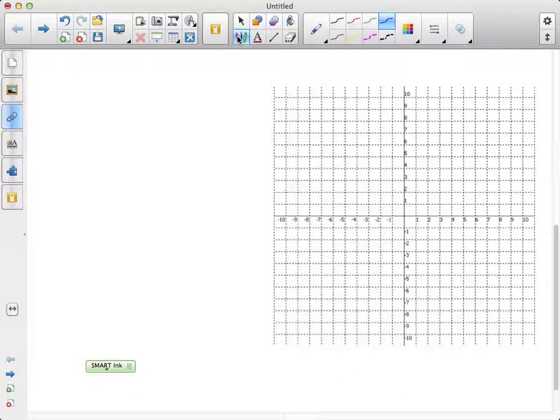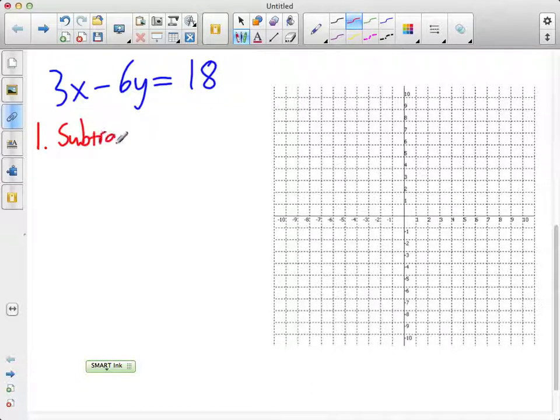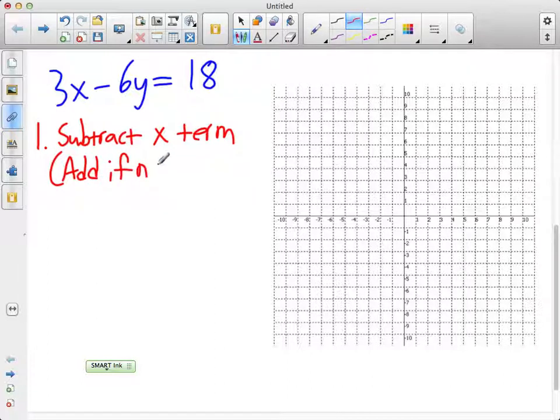So for any line in standard form, say 3x minus 6y equals 18, the first thing we do is subtract the x term. Or I suppose sometimes we could add it, if it's negative.